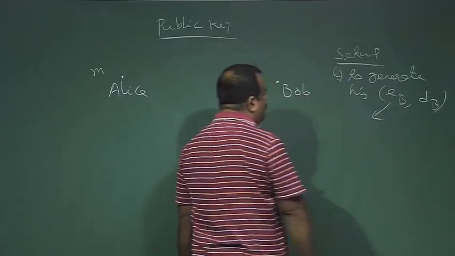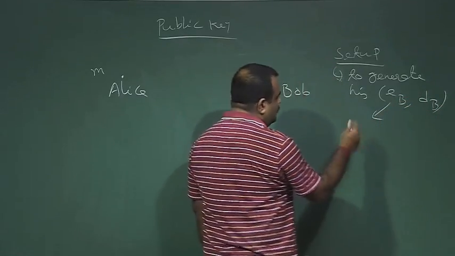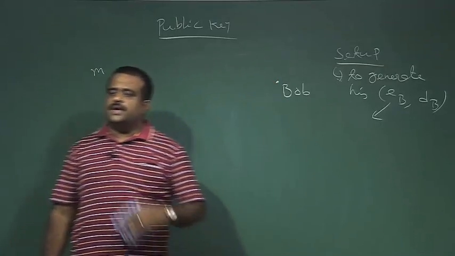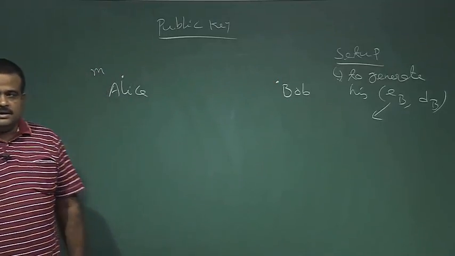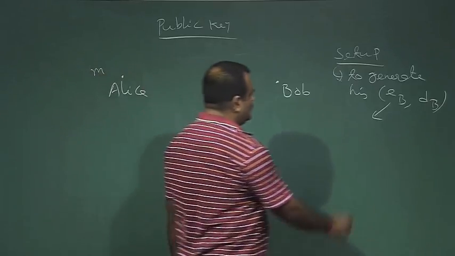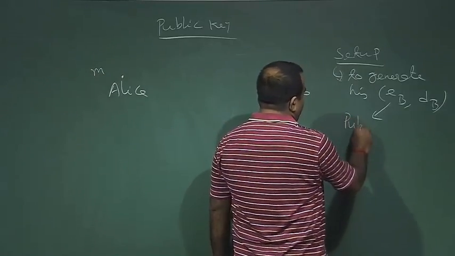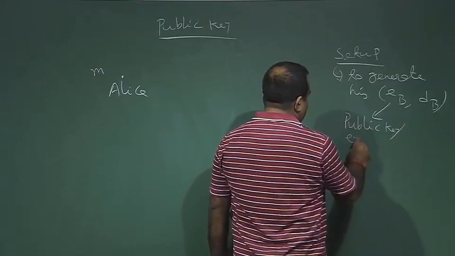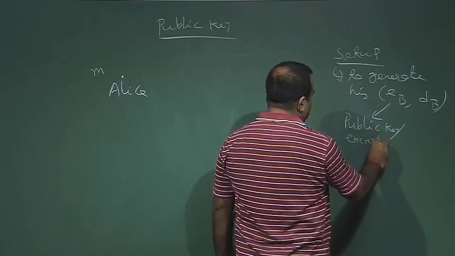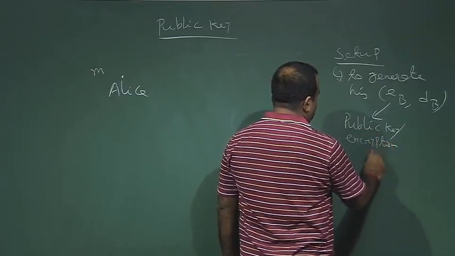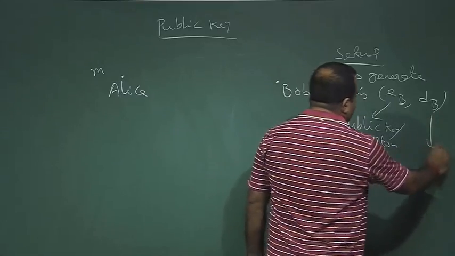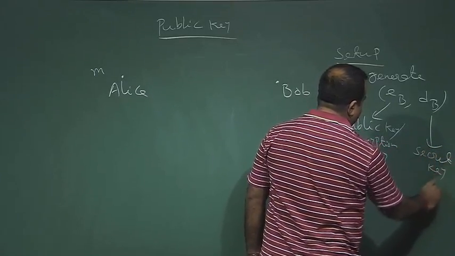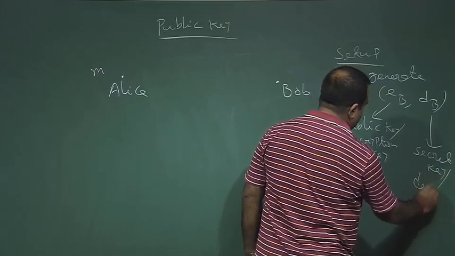This is Bob's public key, or it is called the encryption key, because this key will be used by the sender to encrypt the message. And this is the secret key or the decryption key or the private key.